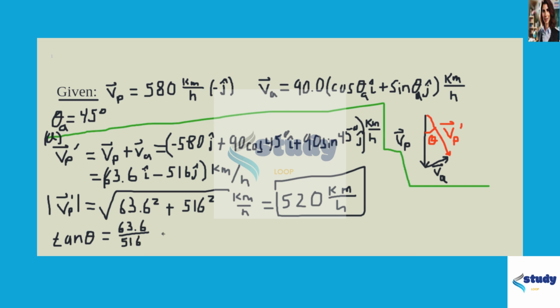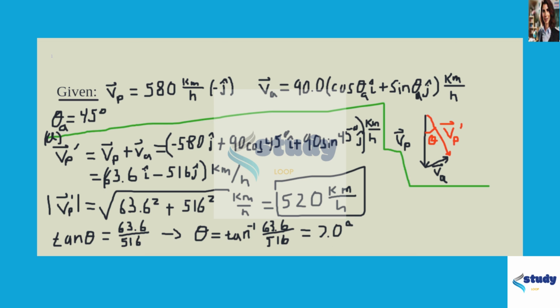Okay, and we're trying to find theta, so let's go ahead and solve this for theta. Theta is equal to the inverse of the tangent, which can be written as tangent to the minus 1 of that ratio, 63.6 divided by 516. Okay, and if we plug that into the calculator, we find that this comes out to be 7.0 degrees.